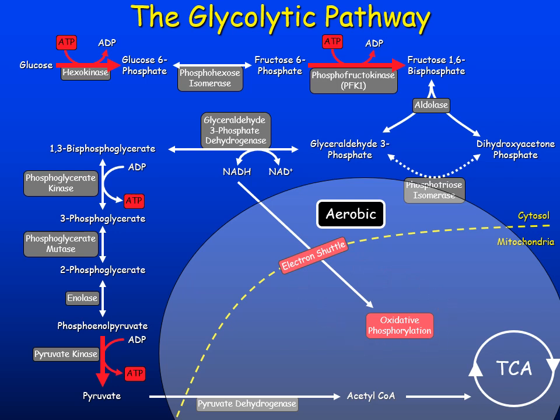But for now, you can rest assured that this enables the recycling of NADH back to NAD+, so that glycolysis can keep going, even in an aerobic scenario. So in this situation, glucose is converted all the way down to pyruvate, and pyruvate can be converted into acetyl-CoA and then fed into the aerobic TCA cycle, ultimately producing even more ATP in here.